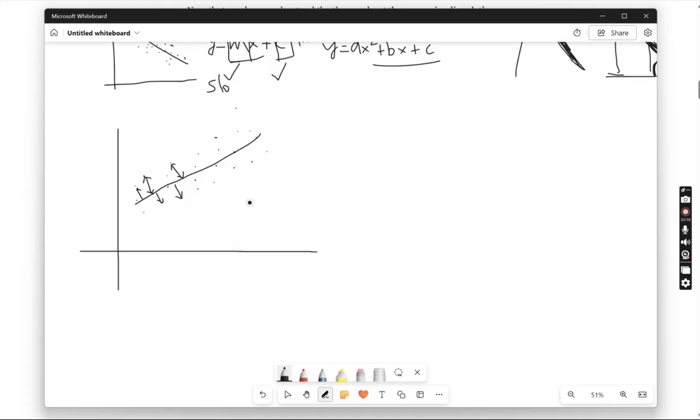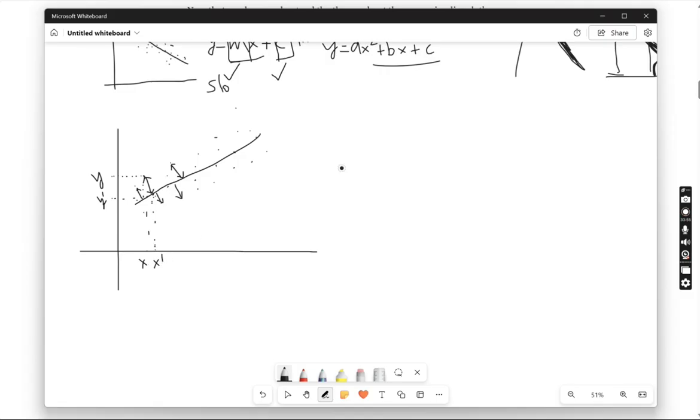Notice something: this point has a high y value and a low x value, and this is y, this is y dash. So this point has a low y value but a high x value.